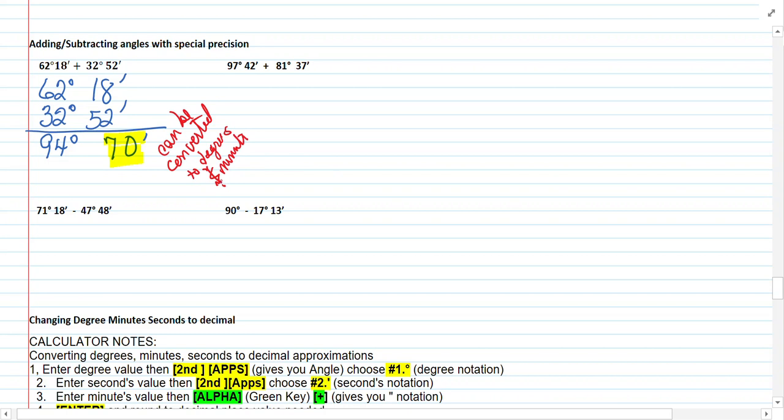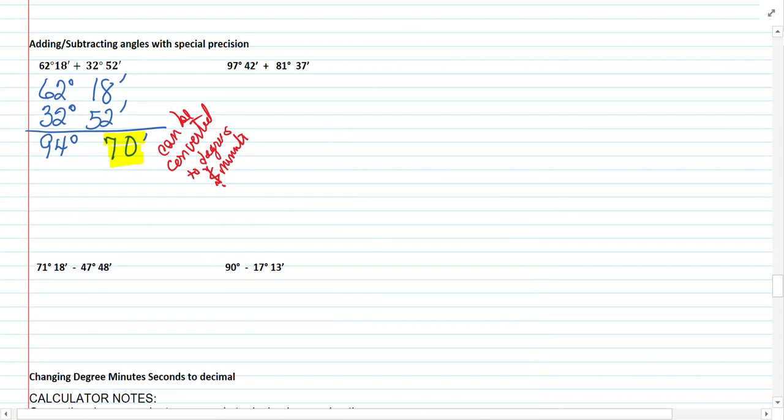So here we go. We're going to do just that. We understand that 1 degree is equal to 60 minutes. So now what I have is 95 degrees and 10 minutes.